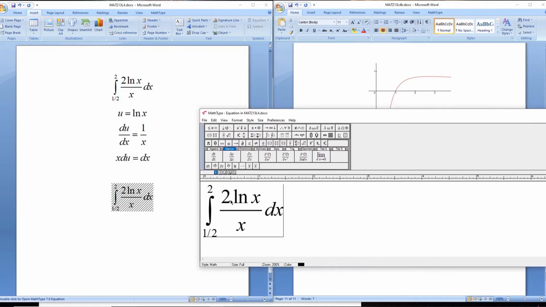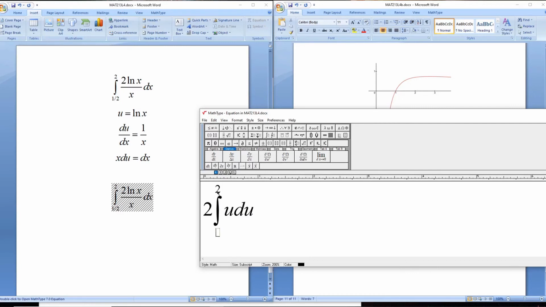So first off, this 2 is a constant, so we can just pull that outside. And we are saying that log x is u, and dx is x du. And then these x's cancel, so we're just left with u.